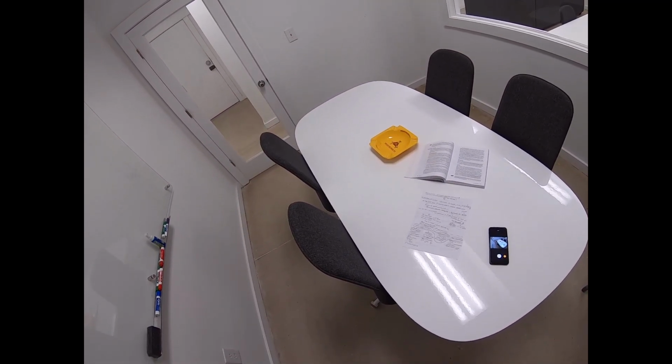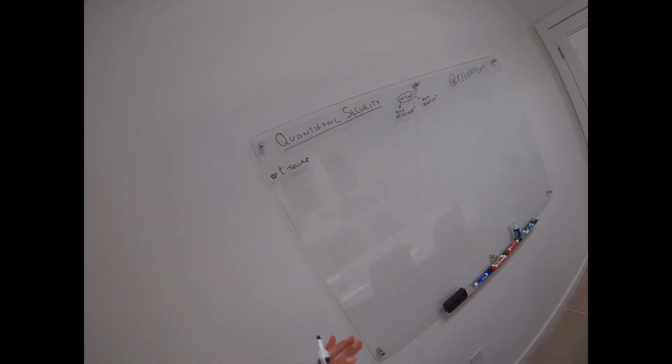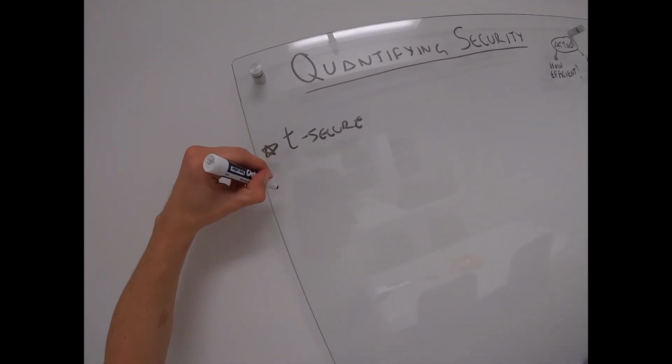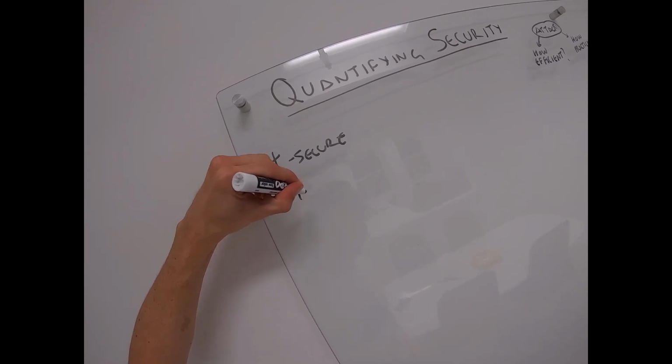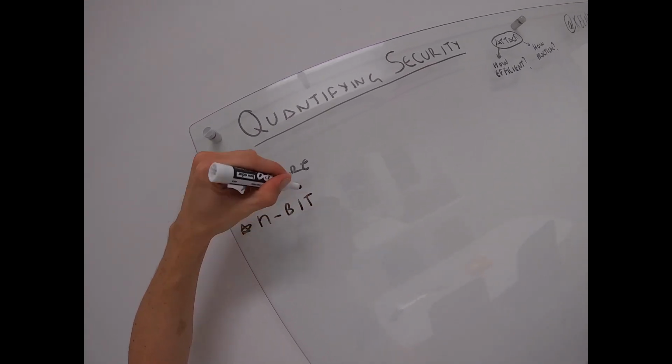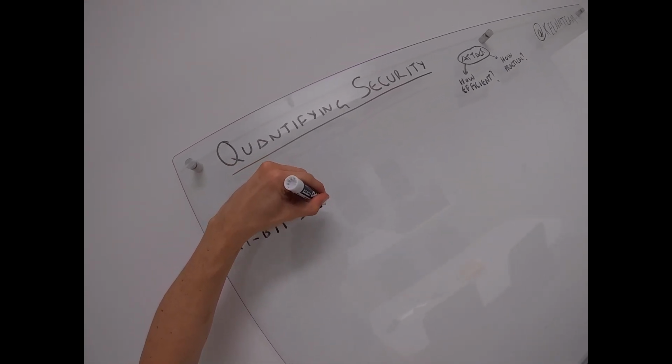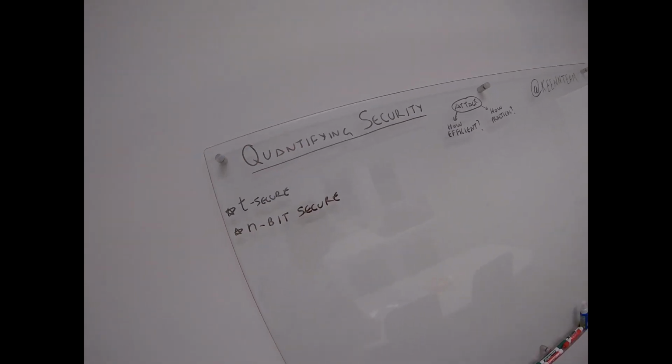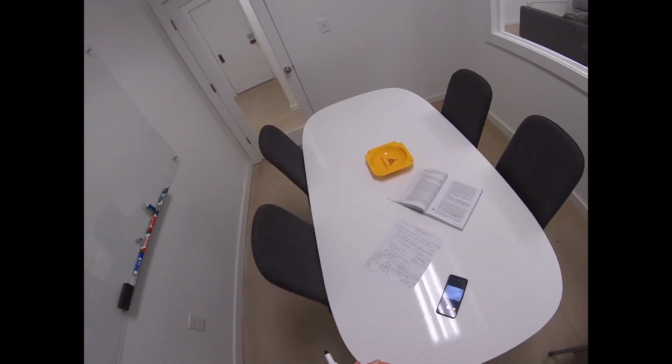We can say that a cipher is n-bit secure, okay? What does that mean?